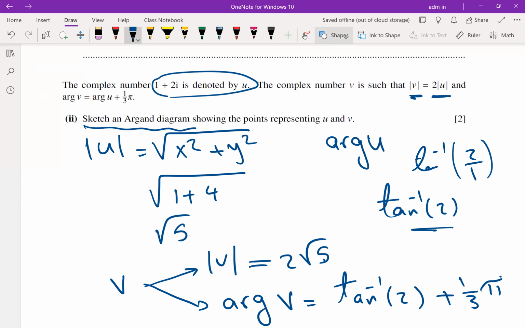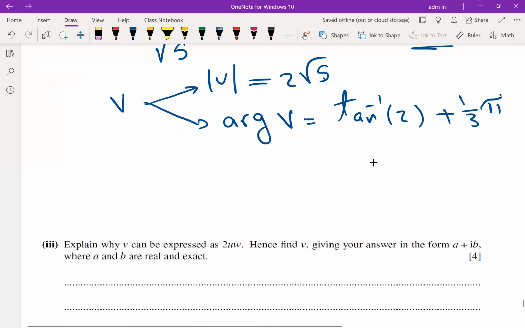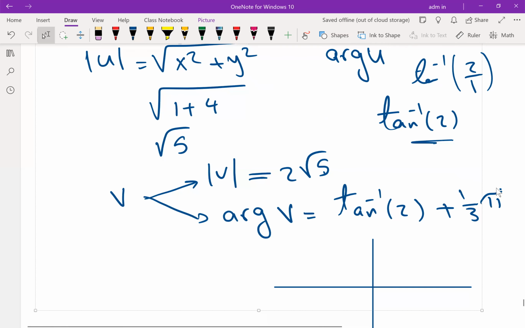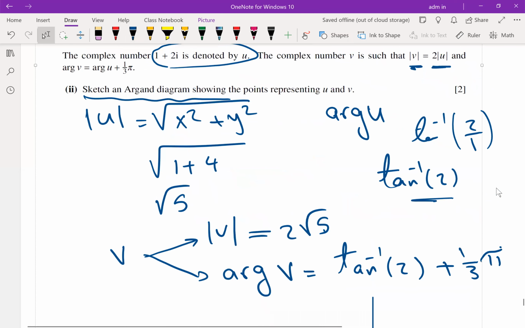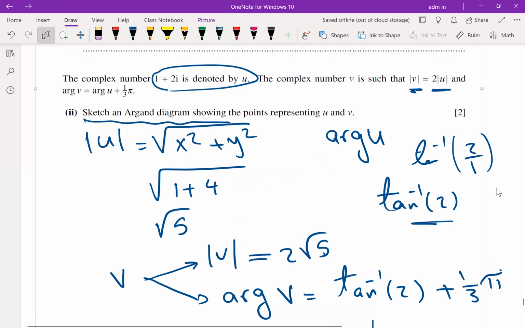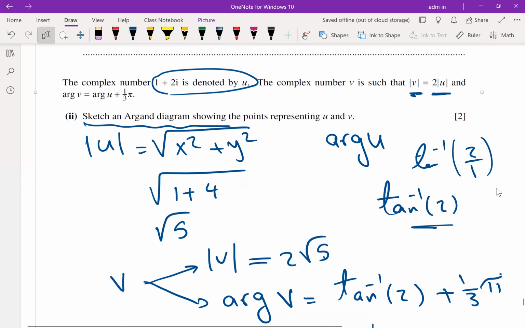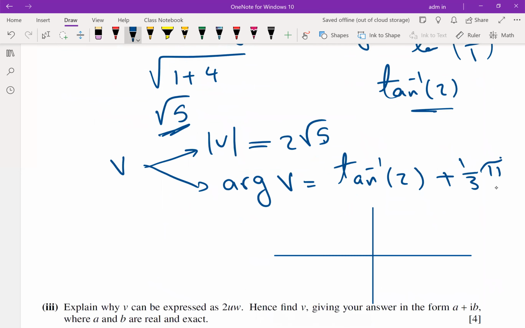Sketch in the Argand diagram U and V. How to sketch it? The first, U: its length is root 5 and its argument is tan minus 1 of 2. Let's say this is U, this length is root 5, and this argument is tan minus 1 of 2.